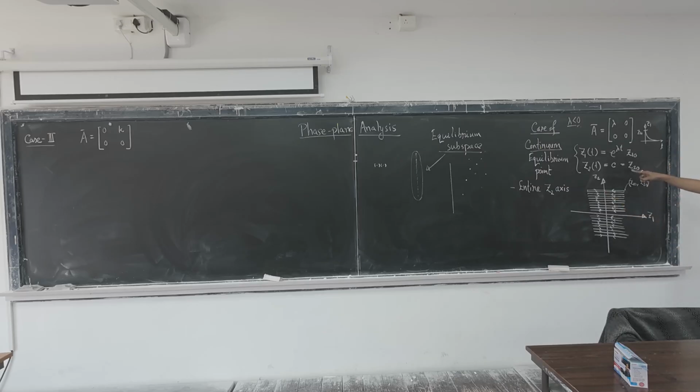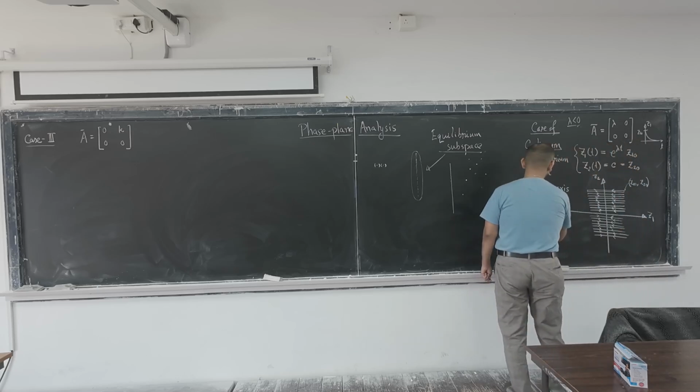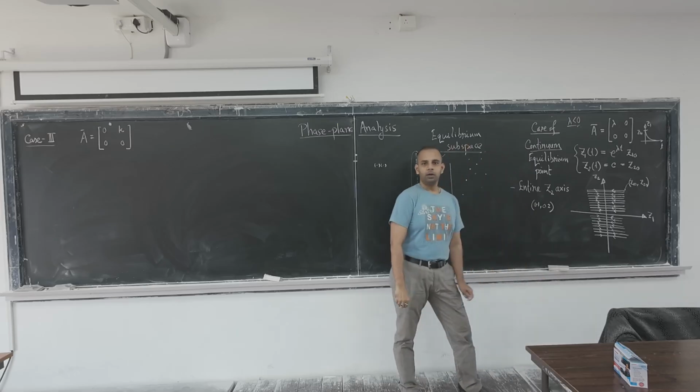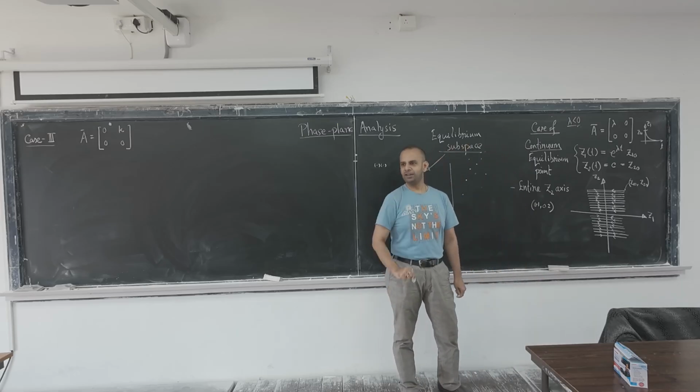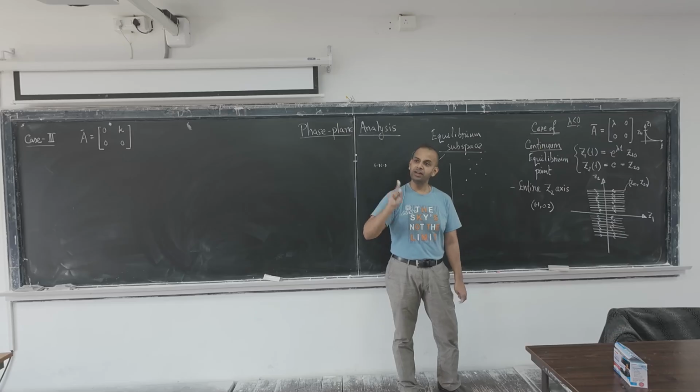Because we cannot do anything with Z2, because that is a constant term, Z20. So for whatever initial condition you choose, finally it will be attracted towards the Z2 axis. Now here what I have drawn, you can distinguish between these 2 points, but in between these two there are infinite number of points. Consider an interval like suppose point 1 and point 2. To us it's a very small range, but even within this interval we can think about an infinite number of points.